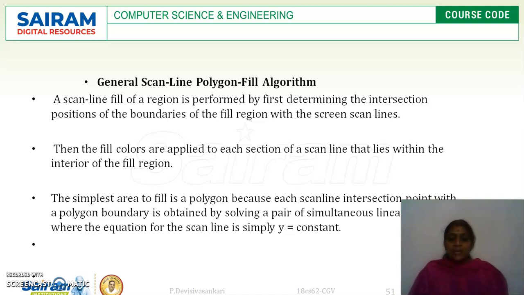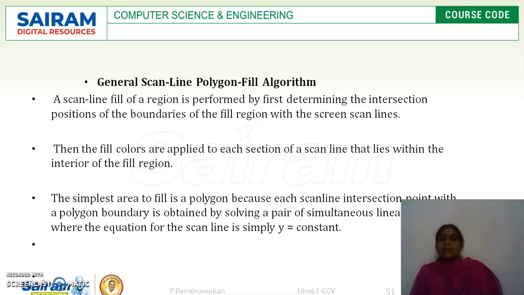So here the area is easily determined by intersecting the scan line with the polygon boundary. So easily it can be obtained by solving the pair of simultaneous linear equations, right? So always the equation for the scan line will simply be y equal to some constant value, right? If we continuously draw this way, then the polygon interiors will get the colors, right?